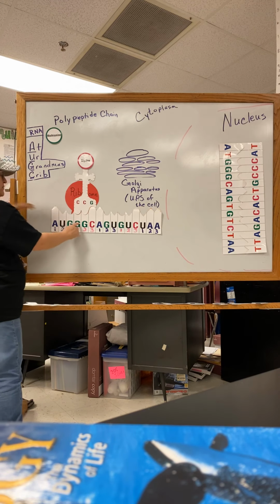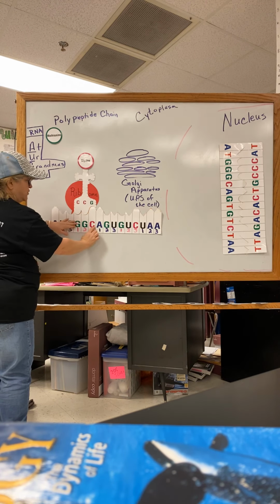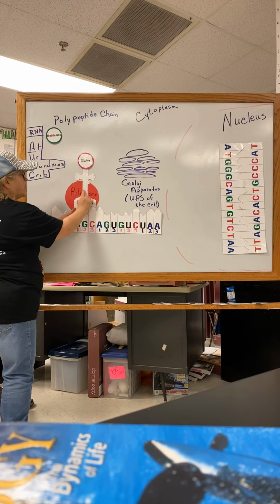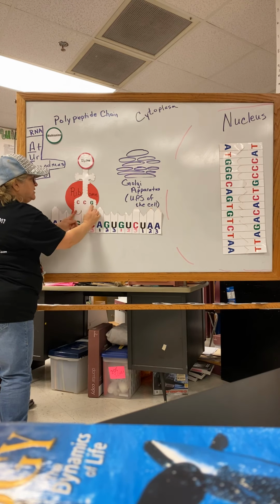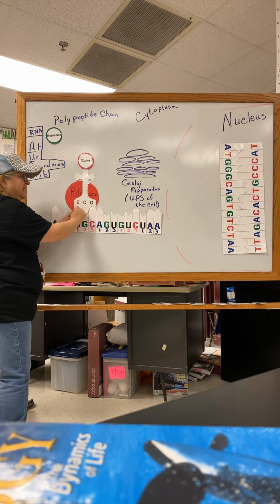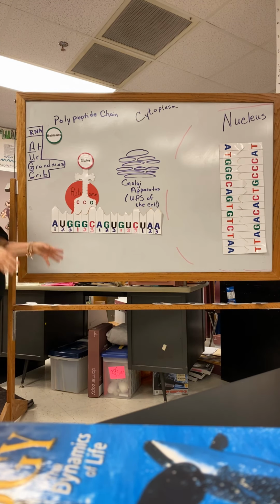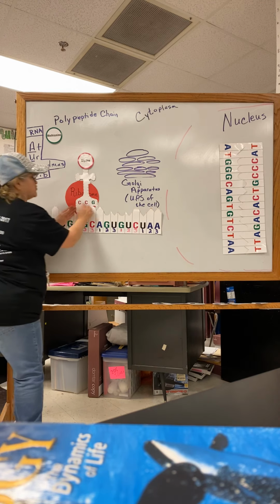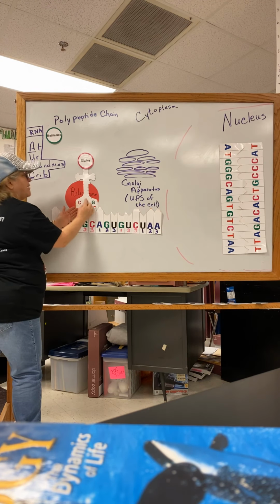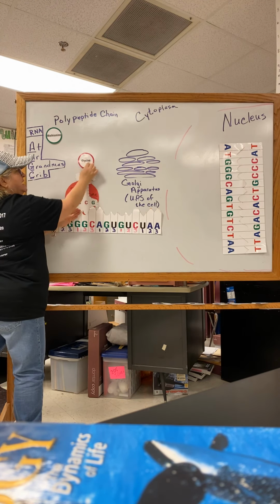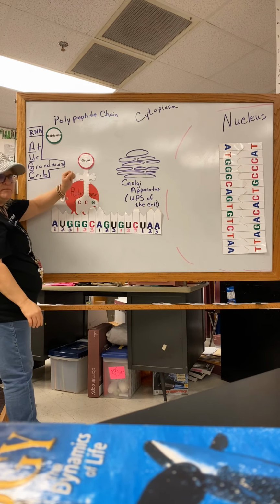All right, so the GGC codon codes for glycine. tRNA translates it through a process that's called translation. It translates it to the ribosome so that the amino acid glycine can be built.